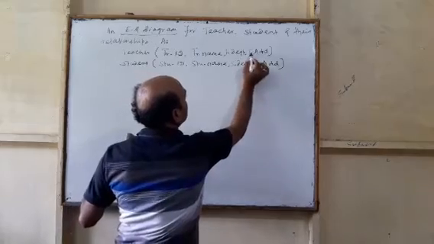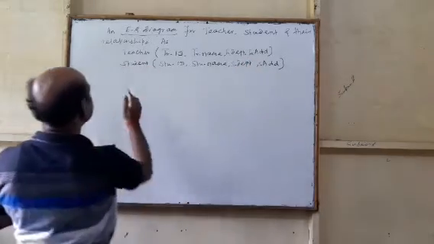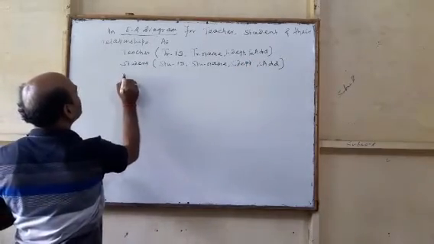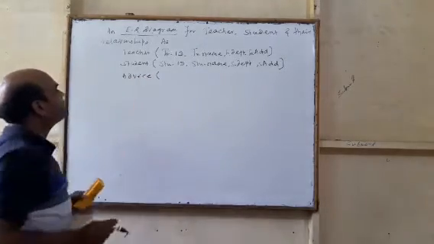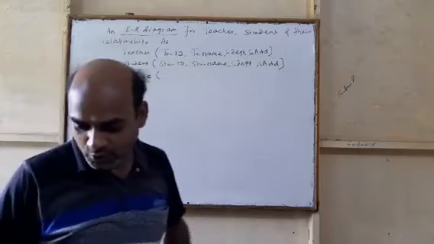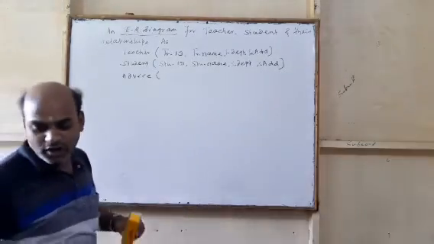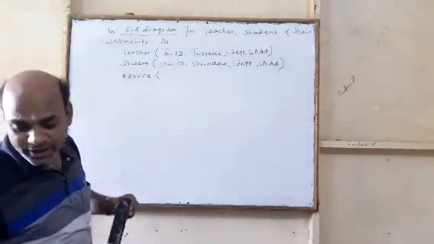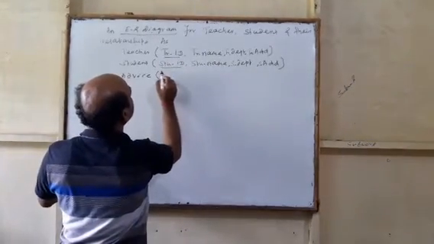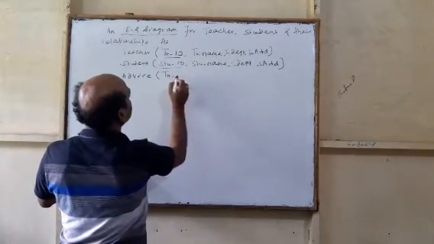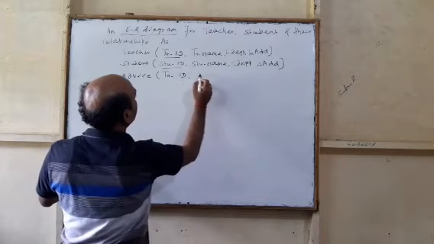And the relation is, suppose, advice. Advice may be a relation to indicate this. So here the attributes will be teacher ID and student ID.